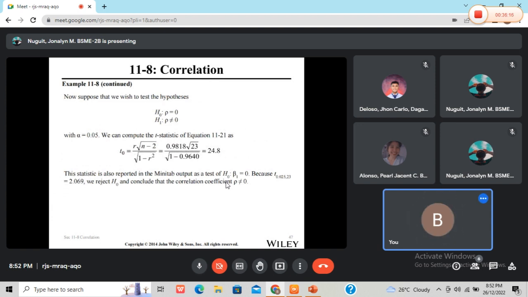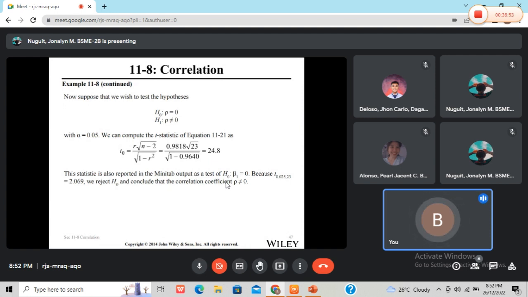So now suppose that we wish to test the hypothesis with alpha equals 0.05. We can now compute the t-statistic of equation 11-21 as the t-value equals R times the square root of n minus 2, where n is the sample size, over the square root of 1 minus R squared. Then we compute it again.